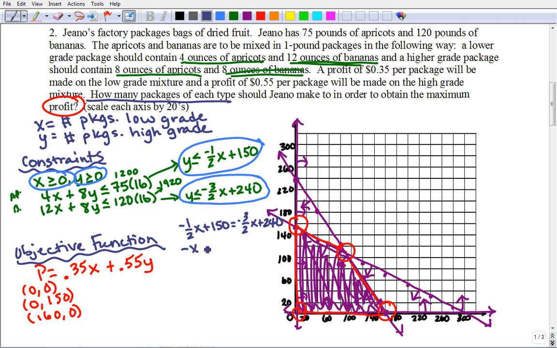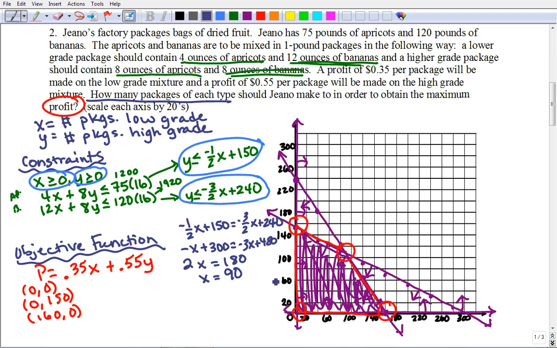So we'll have negative x plus 300 equals negative 3x plus 480. Okay, so then if I add this 3x over, negative x plus a positive 3x is 2x. Then if I subtract the 300 over, that's 180. So then when I get x by itself, x will equal 90. 180 divided by 2 is 90.